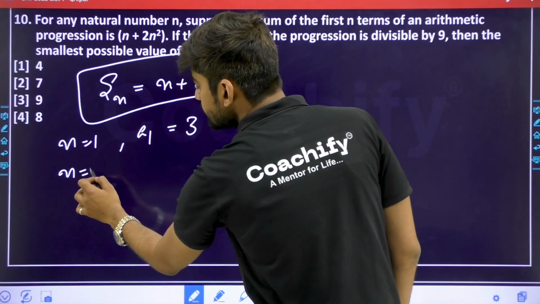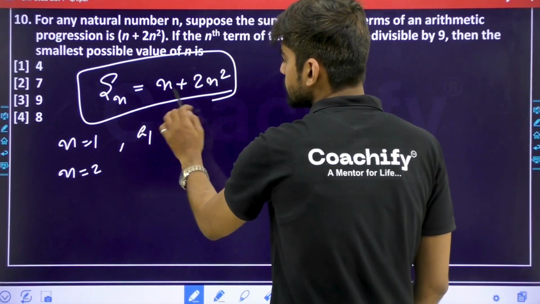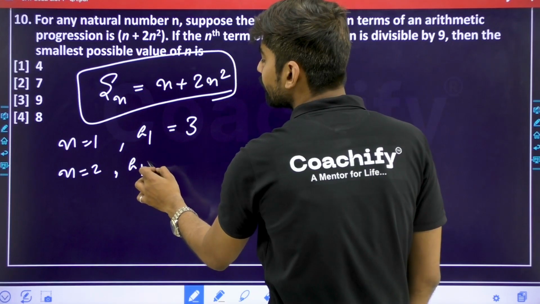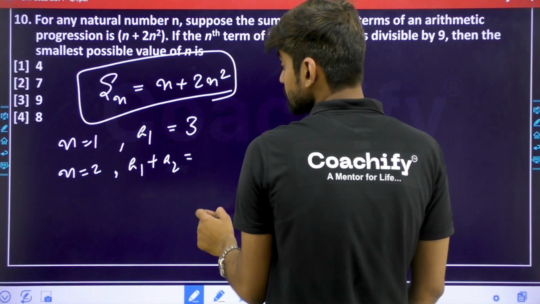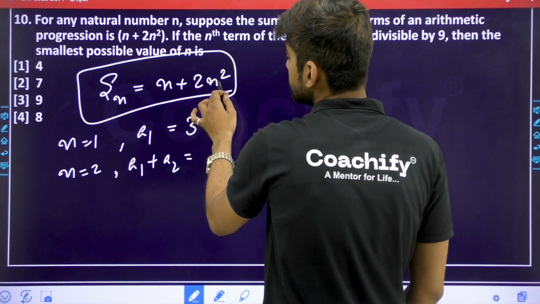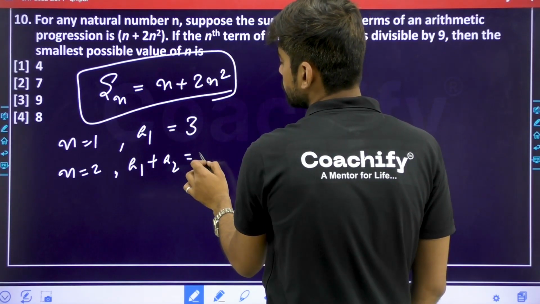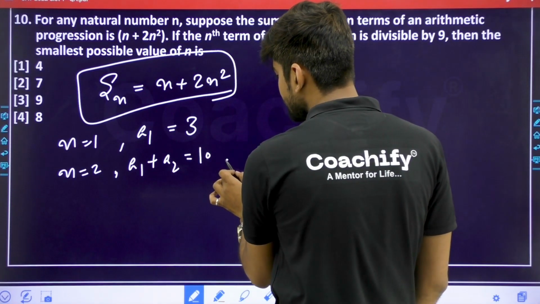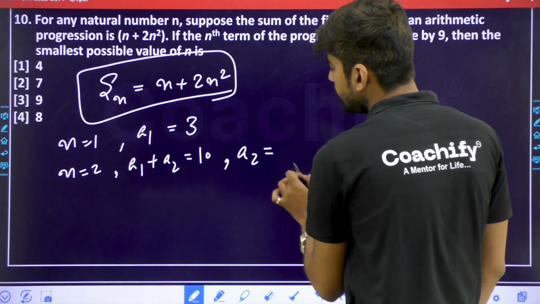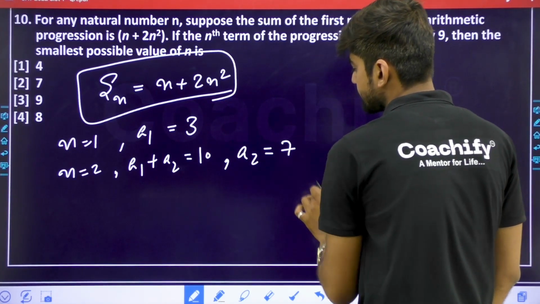When I take n equal to 2, this expression will give me the sum of the first two terms. Putting n equal to 2, this is 4 into 2, 8 plus 2, 10. From these two expressions, I can easily find that my second term comes out as 7.